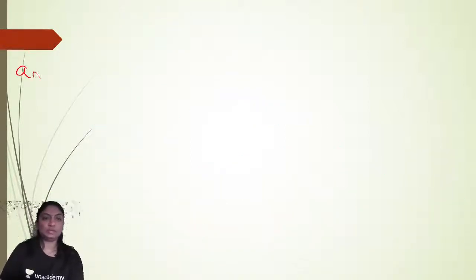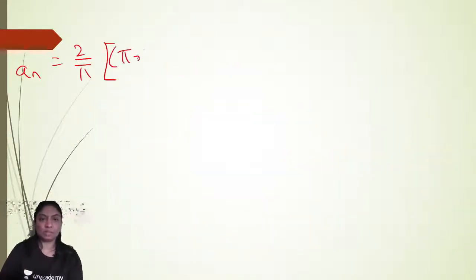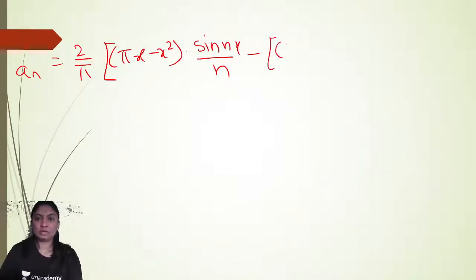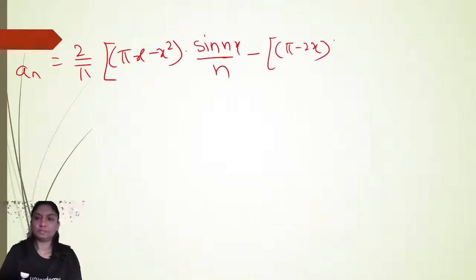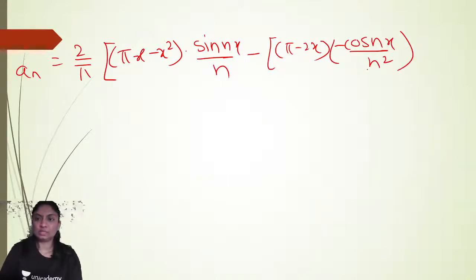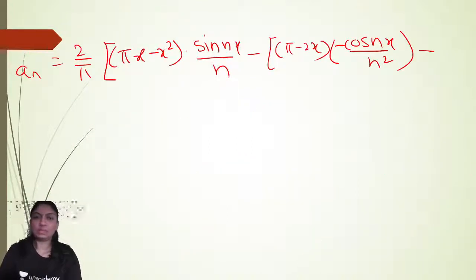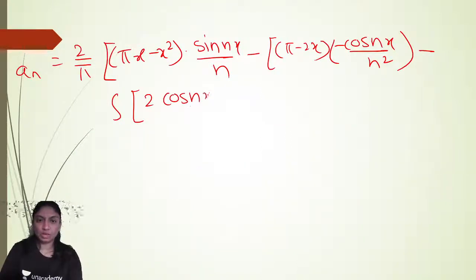So an is equal to 2 upon pi into bracket pi x minus x square into sin nx upon n, minus pi minus 2x into minus cos nx upon n square, minus minus integration of minus 2 and minus cos nx becomes plus, so 2 cos nx upon n square dx.